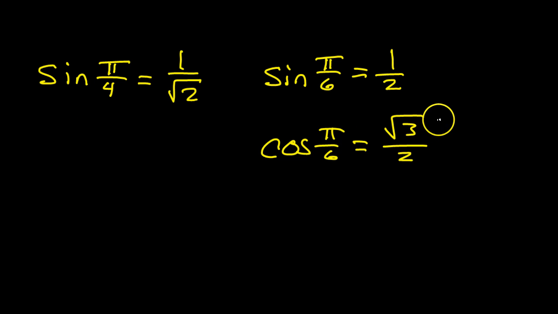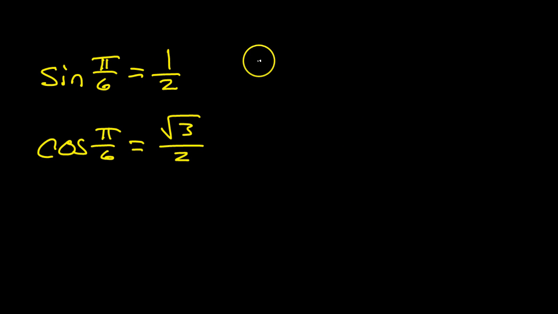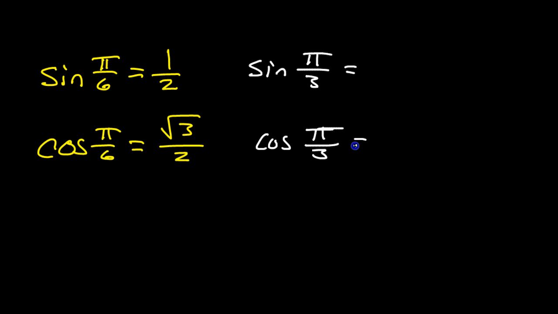So here are the 3 additional facts that we will write on our scratch paper. The cosine of pi over 4. You just need to know that's going to be the same thing, so that'll be 1 over radical 2. And then we are going to write down the sine of pi over 3 and the cosine of pi over 3.